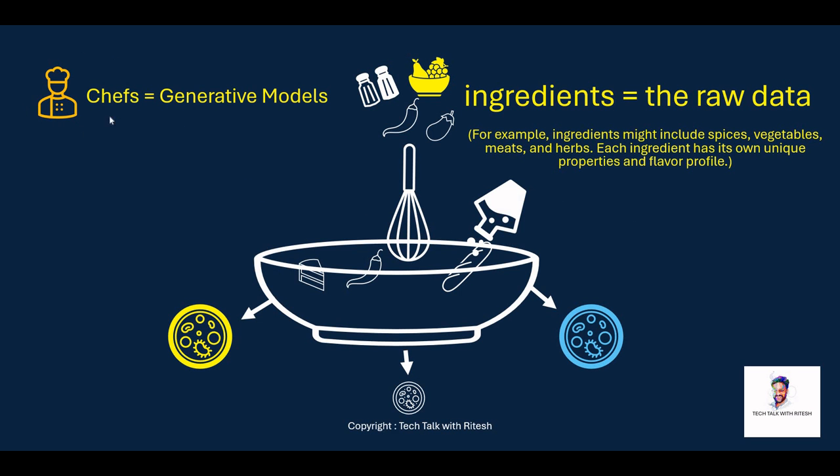The chefs are generative models. Ingredients are basically the raw data, whatever ingredients we have, pepper, vegetables, salt, whatever we need. What will happen? The chefs, basically the generative models, using those ingredients will create dishes and will use a recipe.